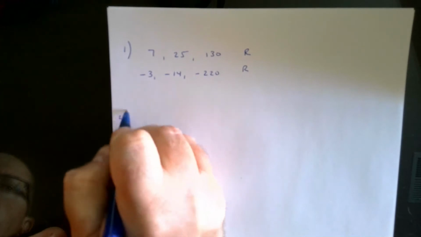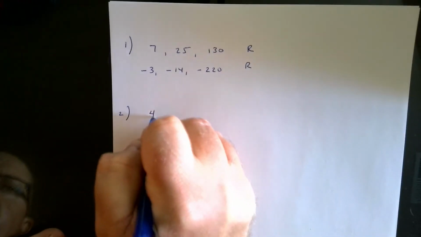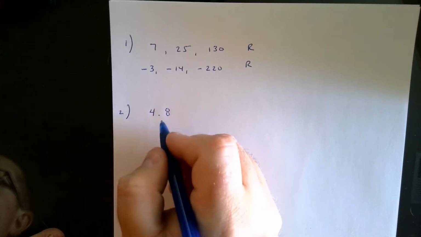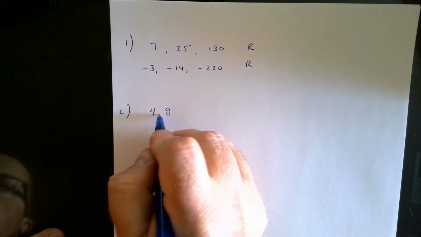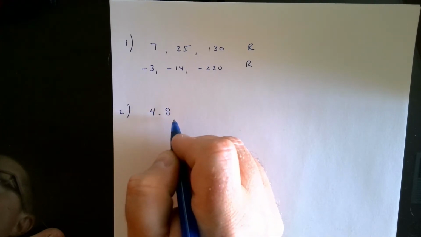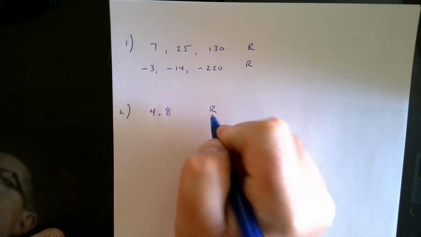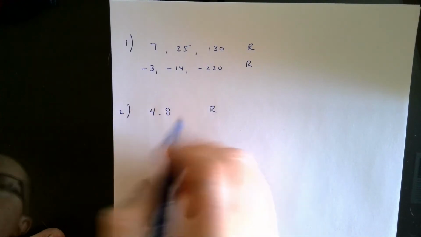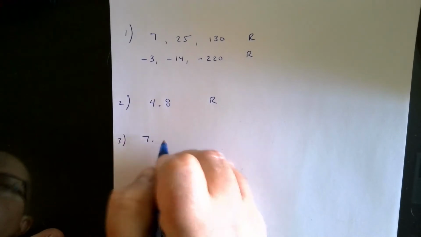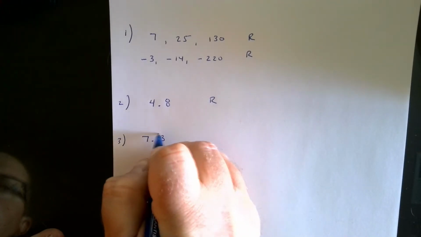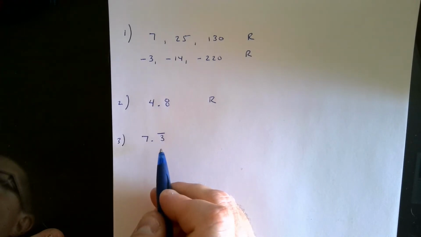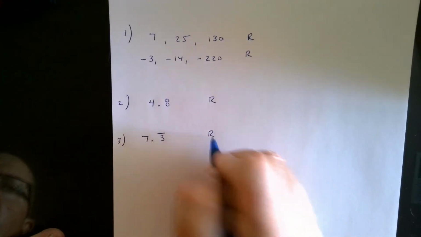Alright? Now let's look at what we looked at recently. If we have a terminating decimal, so we have 4.8, as long as the decimal ends, it terminates, it stops, these are also rational numbers. If the decimal goes 7.3, and that's repeating, and if the number repeats, it is also rational.